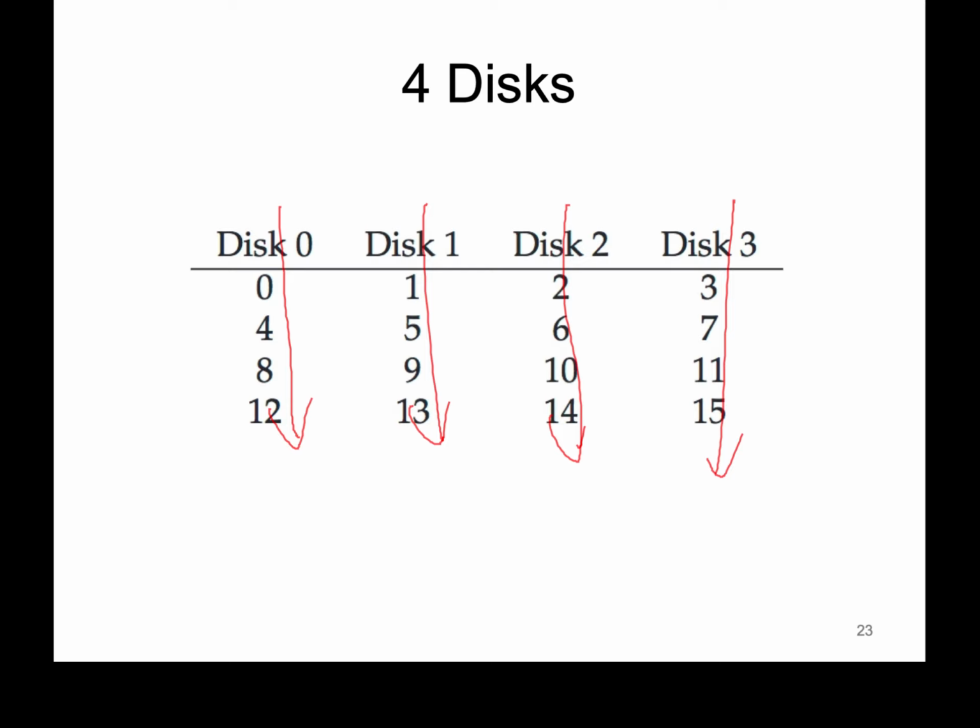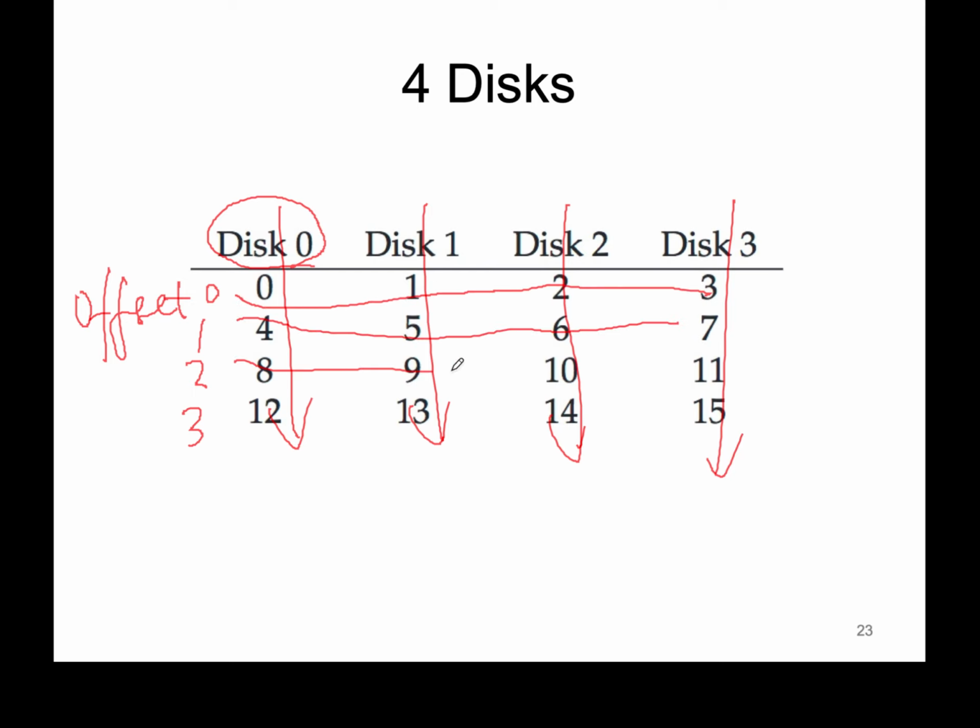On the second dimension, row-wise, we have different offsets. Within each hard disk drive, let's say hard disk drive 0, it has a total of 4 offsets: offset 0, 1, 2, 3. This is row-wise, and this is a typical example of striping.